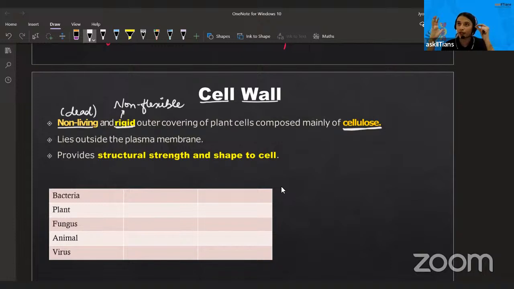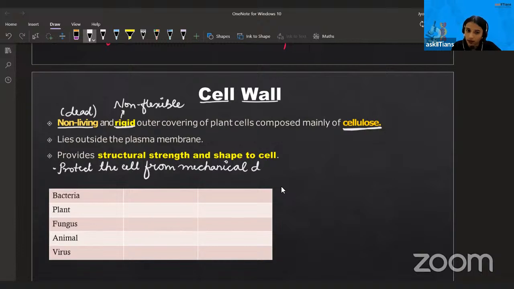Plants have to face all this adverse environment. So, plant requires support, and who provides the support? This structural strength is actually provided by this cell wall. So this cell wall, what does it do? It actually protects the plant cell against any mechanical damage. So it protects the cell from mechanical damage, right?